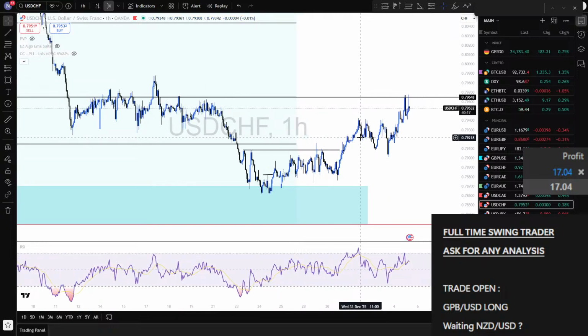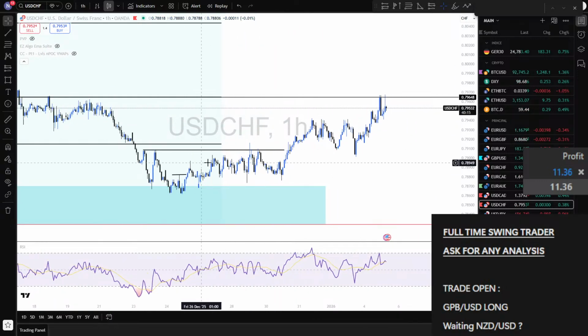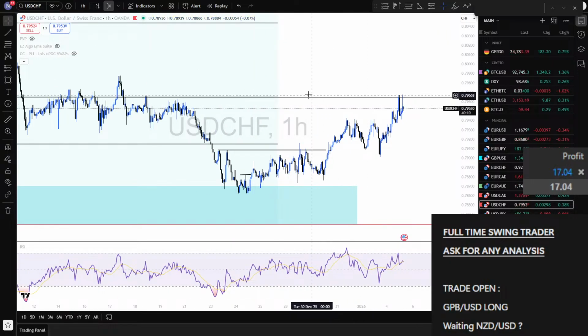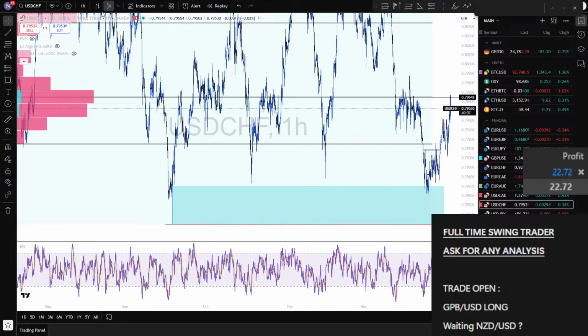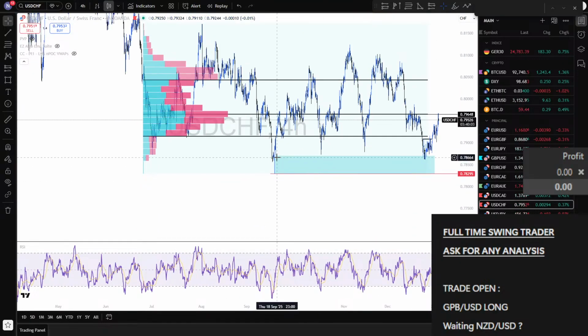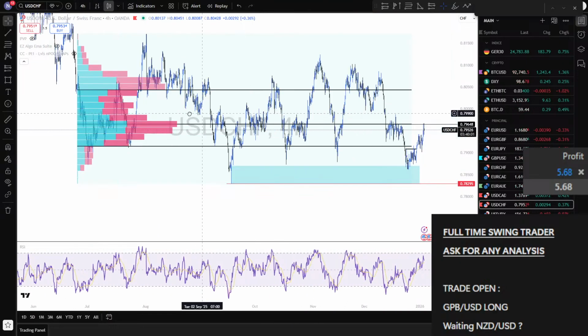Like I said, for the ones who were long in USD CHF, your TP was probably there because it was the POC basically of the huge range there.